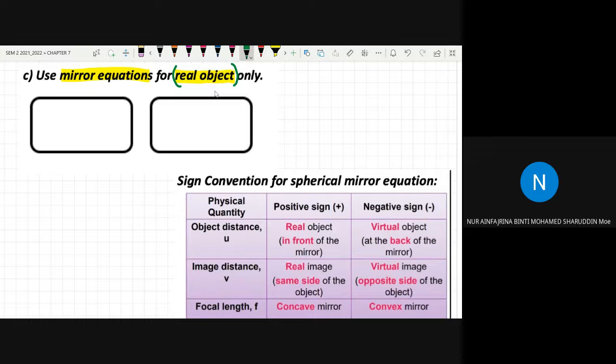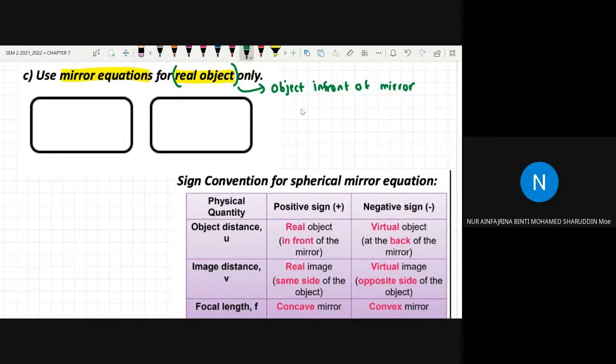Very good, betul. So real object maksudnya object always in front of mirror. So for your syllabus, your object will always be in front of mirror. Maksudnya tak ada objek belakang mirror untuk syllabus awak.